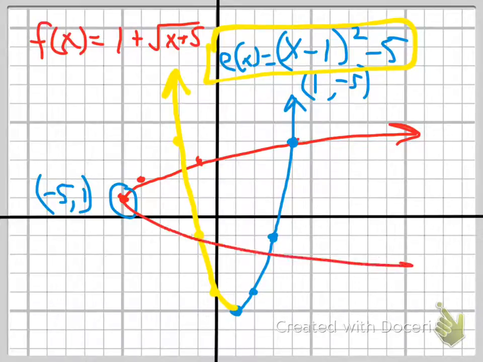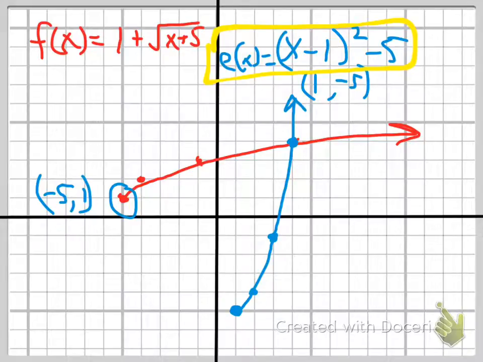If I had the bottom half of the sleeping parabola, that would coincide with the yellow part. But since the original function is just the top half, which is the square root function, I do not have that yellow part. I only have the blue. That means that for the function in blue, e of x, I need to restrict the domain: x is greater than or equal to 1.